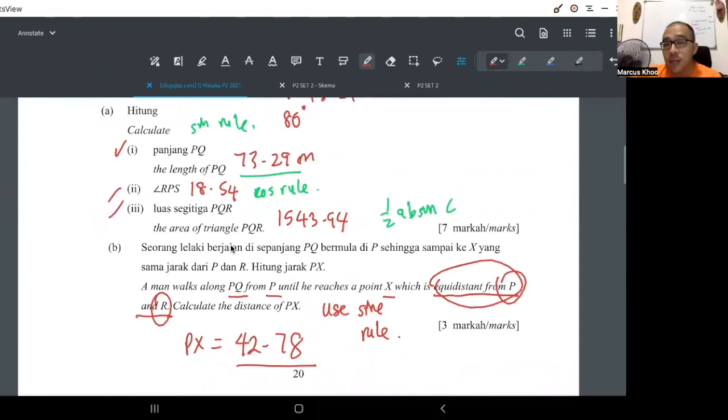If you've done enough sine rule, cosine rule, and also area of triangle, 7 marks in hand very easily.